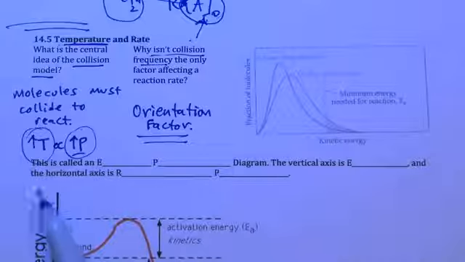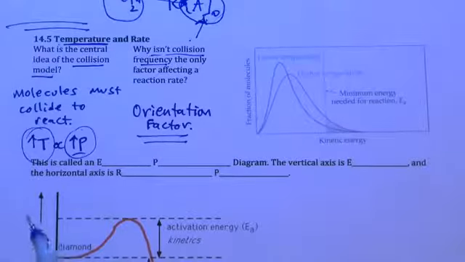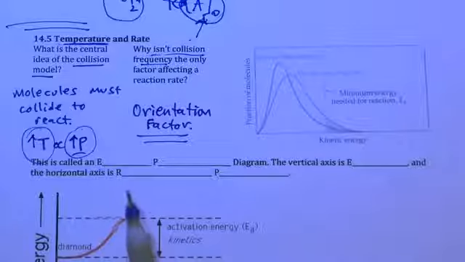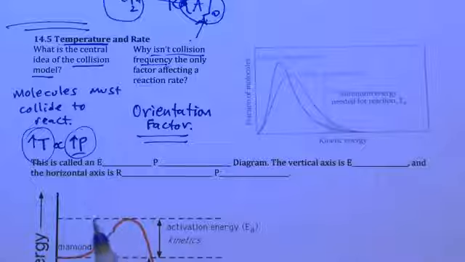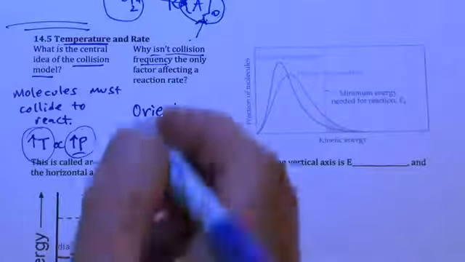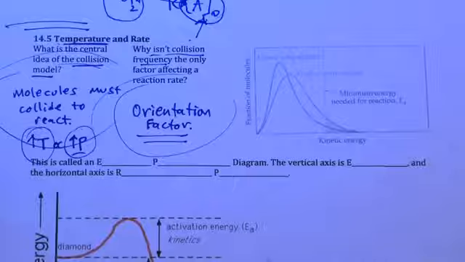There's a graphical way that we can represent the progress of a reaction and the amount of energy needed that can cause a reaction to happen and cause this rise in temperature and this orientation factor to be graphically represented.